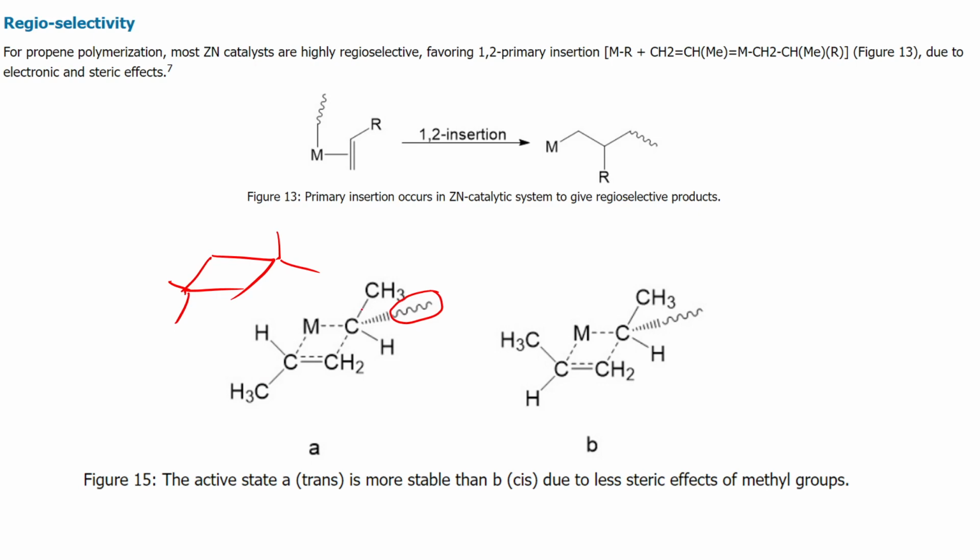If these two methyl units are trans like this, they are obviously going to be the more stable one. And if they are cis, due to steric effect, they are going to be less stable. So this is fully dependent upon this particular interaction.